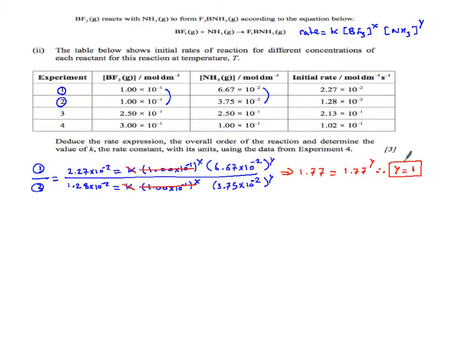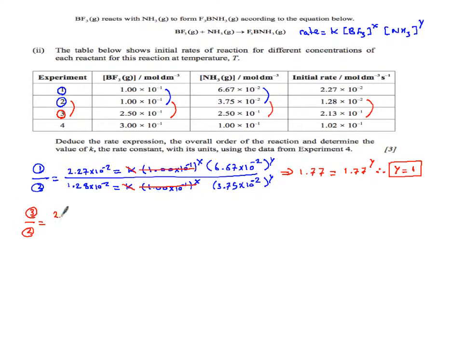Now we have to find the order of reaction with respect to BF3. Unfortunately, there are no two experiments where the concentration of ammonia is constant. Okay, no big deal. Since we know the order with respect to ammonia, you can choose any two experiments. I'm going to go after experiment 3 versus 2. So this time I'm dividing 3 by 2 because I see the rate of 3 is slightly bigger than 2.